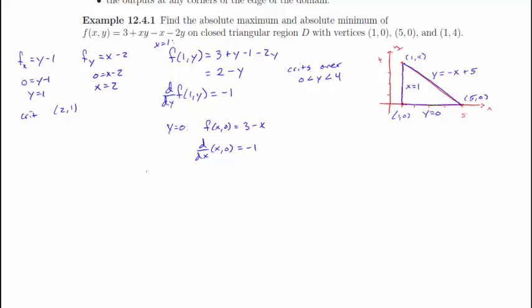Now let's do y equals -x plus 5. I plug this in for y, so f of x, -x plus 5 is really just a function of x now. This equals 3 plus x times -x plus 5 minus x minus 2 times -x plus 5. And this is going to simplify down. I've got -x squared.